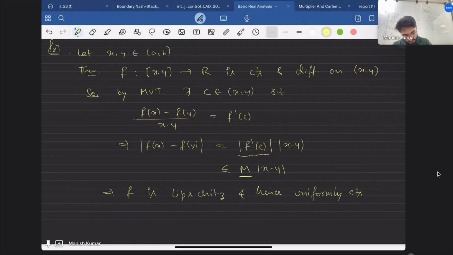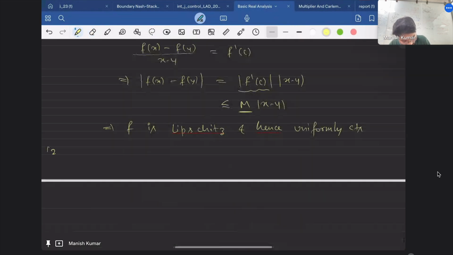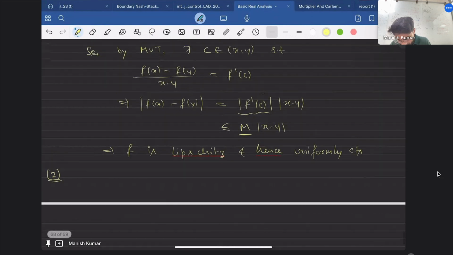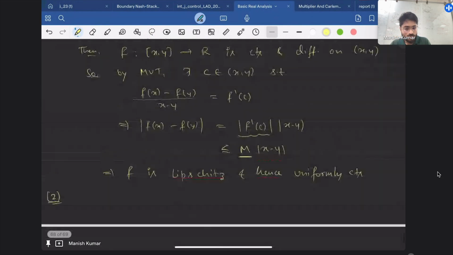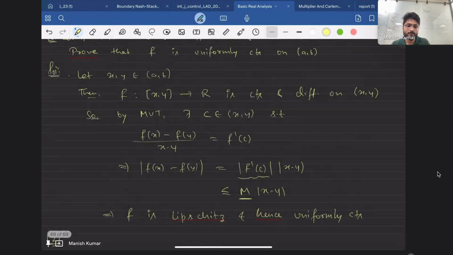Okay, so let's go to the next problem. Sir, when we are trying to prove from the definition of differentiability, f is differentiable on the whole interval, sir, right? True.